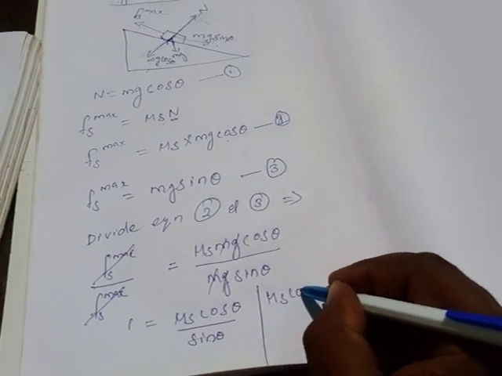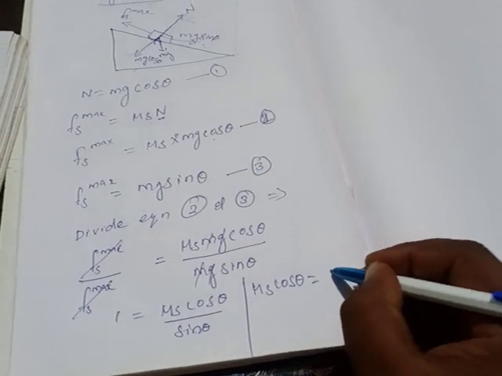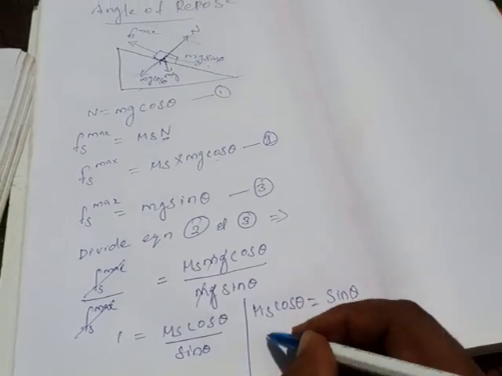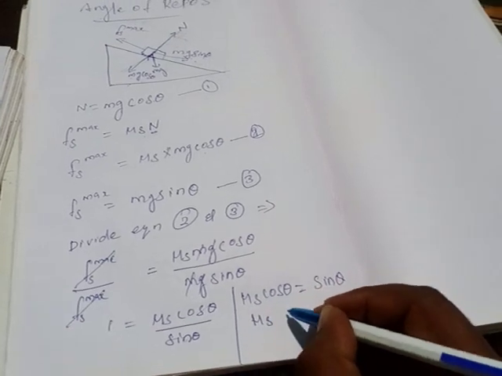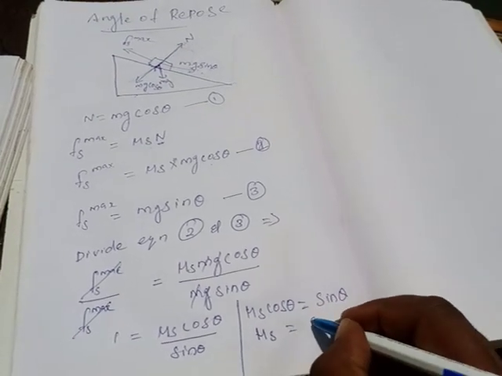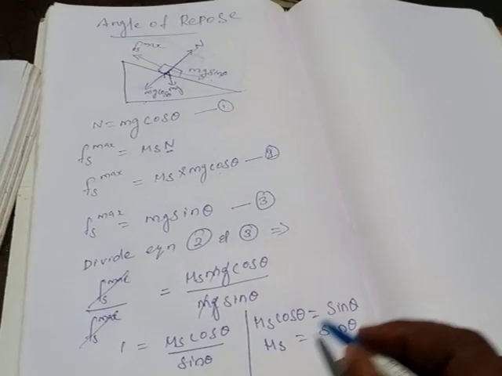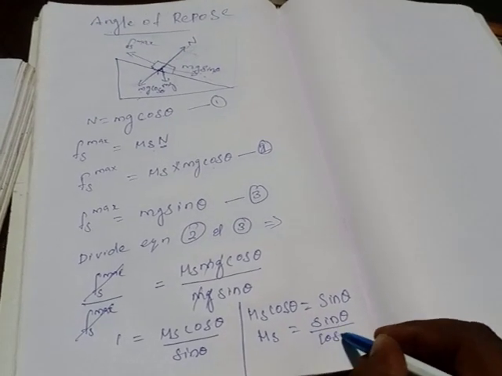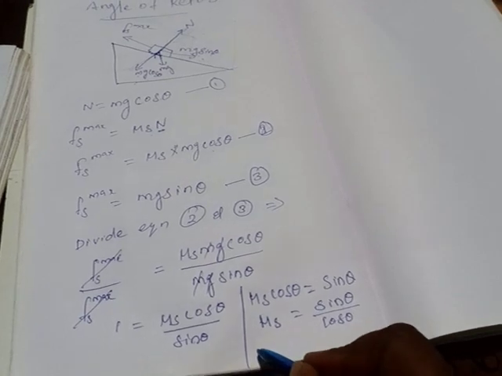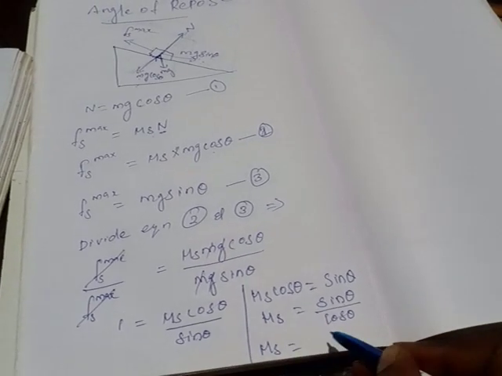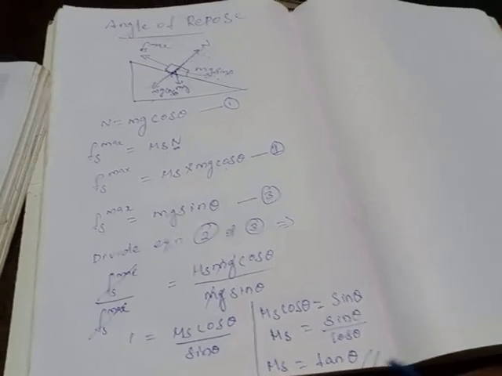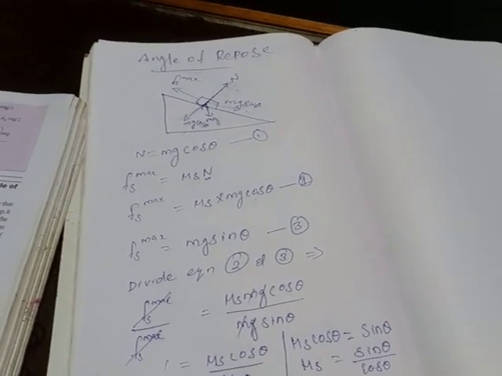Mu s cos theta equal to sin theta, by cross multiplication. So mu s is equal to sin theta, and we can take this cos theta downward, so mu s is equal to tan theta. This is the angle of repose equation.